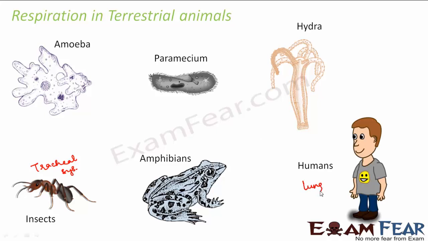In amphibians, we have lungs as well as skin. Now in all these, we do not have any specialized organs. Their body surface acts as the respiratory surface. Clear? So with this, I hope you got some idea about how respiration happens in animals. Even though I'm sure you are not completely clear about it, you will understand it clearly when I talk about the respiratory system in human beings.